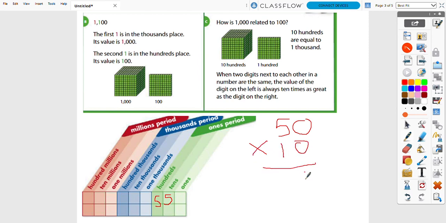You would do 0 times 0. 0 times 5 is 0. Put your placeholder. 1 times 0 is 0. 1 times 5 is 5. Add them up, and you get 500.